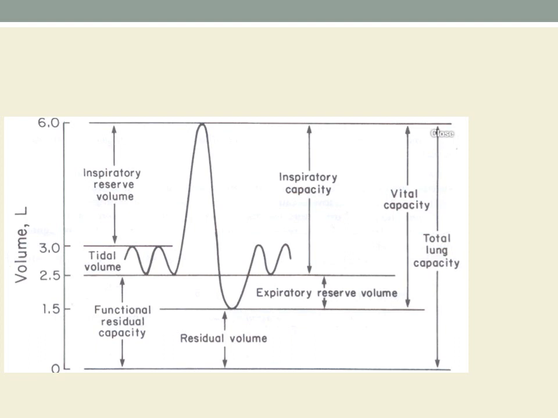In chronic lung disease with emphysema, residual volume increases and functional residual capacity increases. In pulmonary fibrosis, they decrease. That affects the test results.